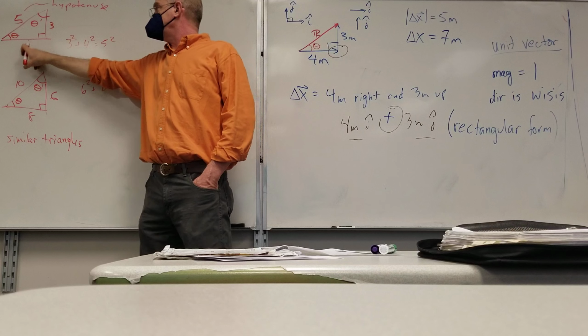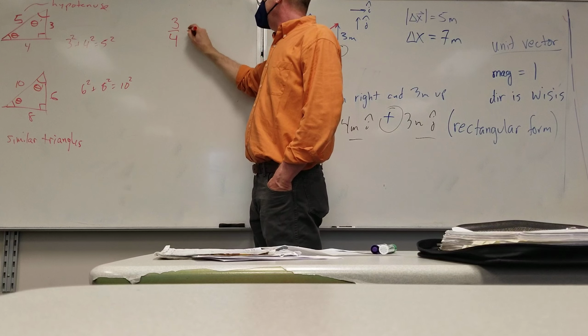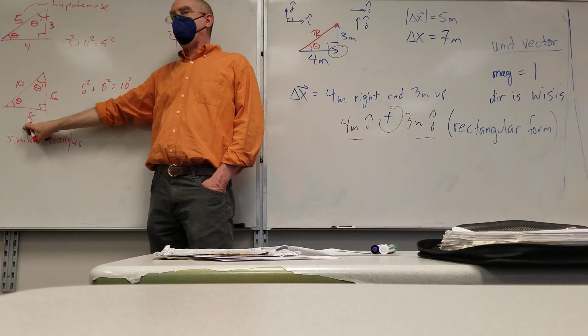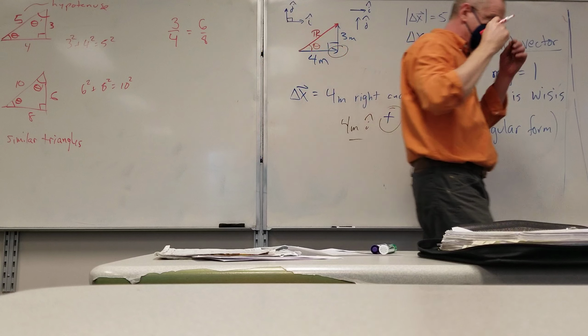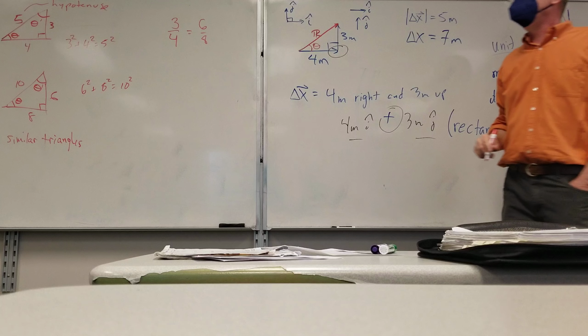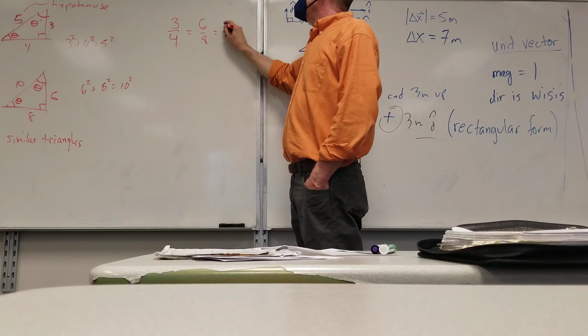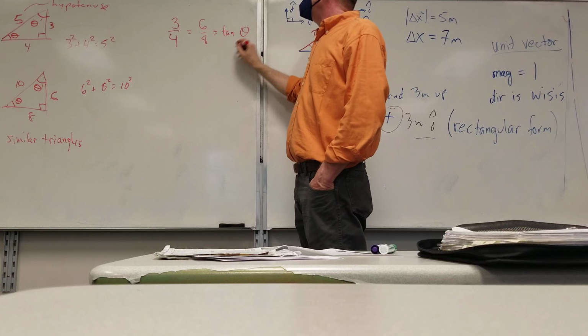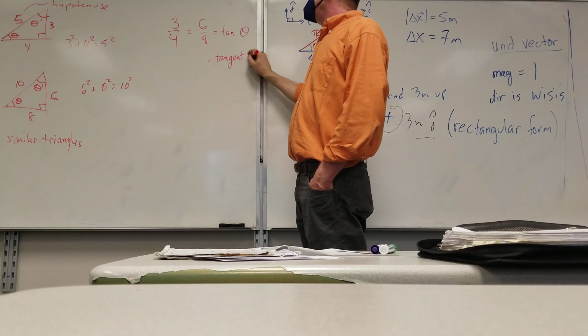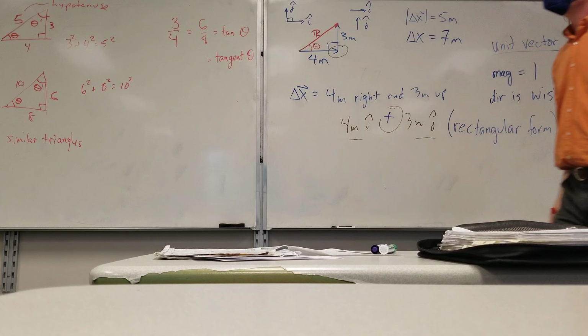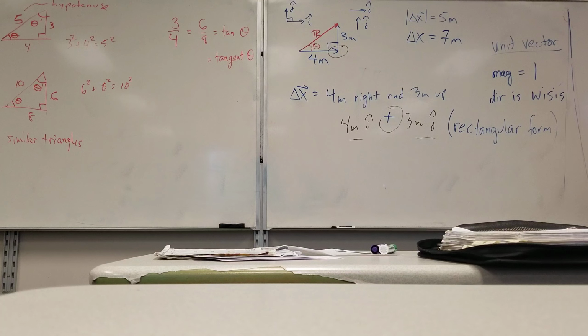So the ratio of this to this is the same ratio down here, 6 to 8. And so that ratio is the same, and so they decided to give it a name. They call that the tangent of theta. Tan for short.